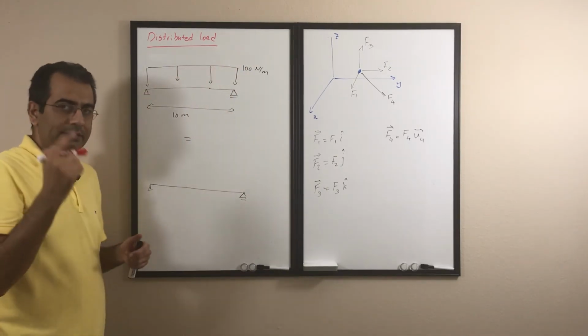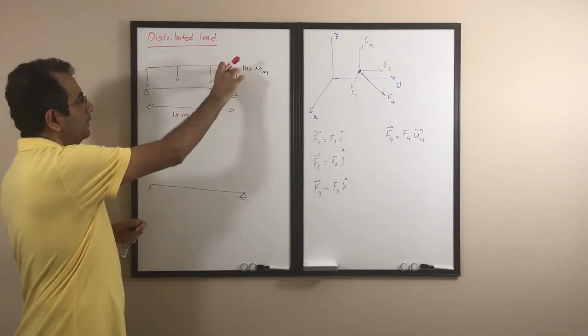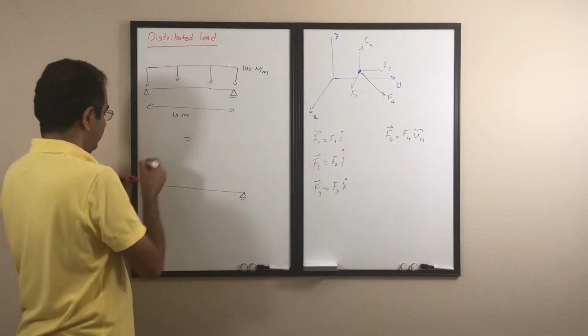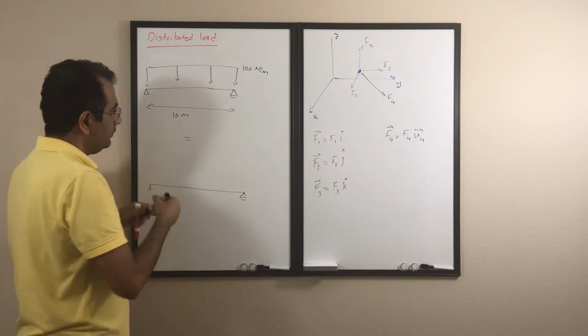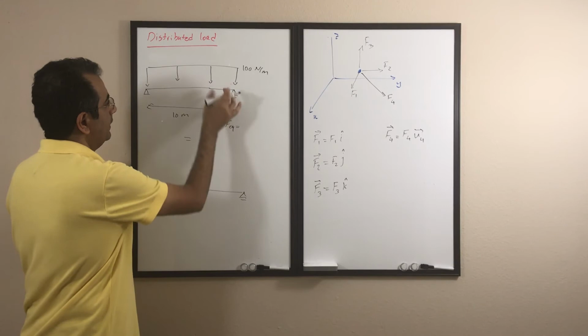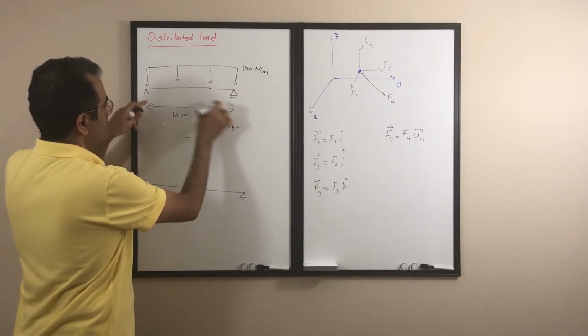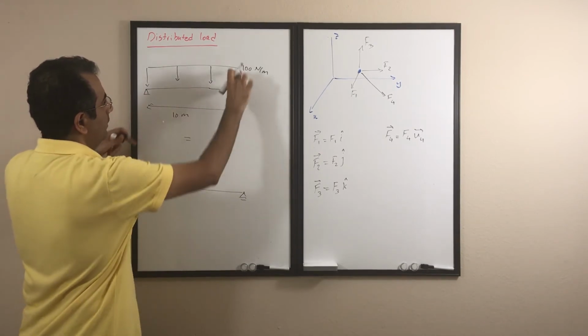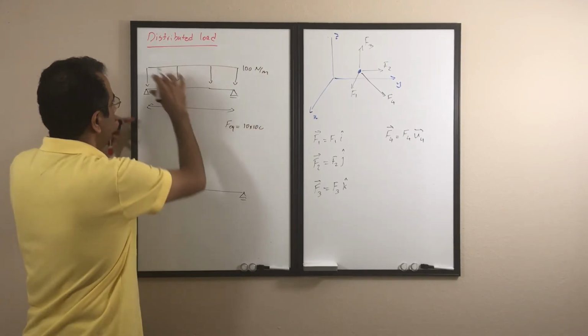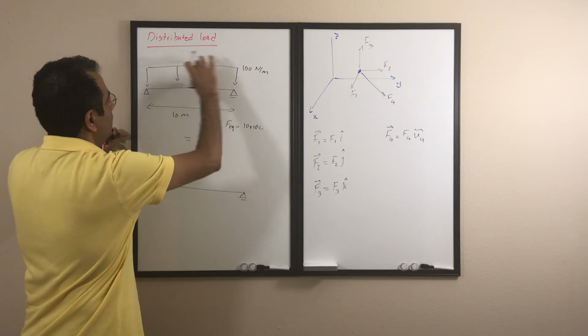The value of the single force is always the area underneath the load. So the magnitude of the force I have is the area. I have a rectangle with the width of 10 and height of 100, so it's going to be 10 times 100.